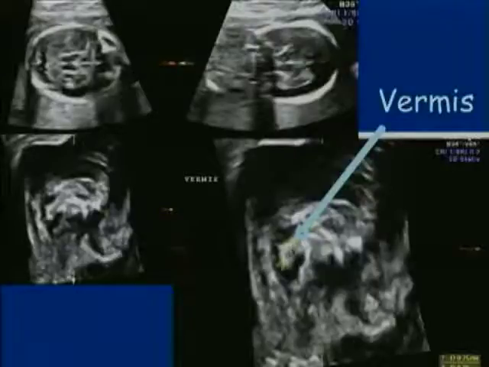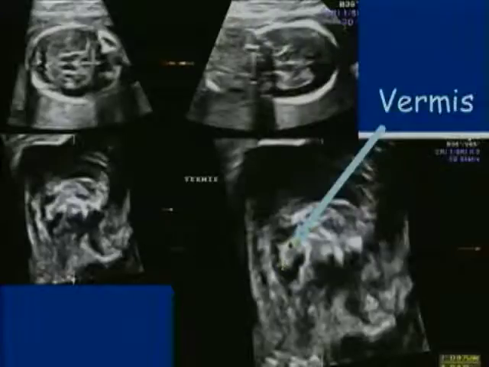And how do we do that? We line the head up so that it's symmetrical, so that we have the face on in a profile view and the spine coming down so it's all intuitive. And then we know where the vermis is because we can look at it in our other planes and decide where the upper portion is and the lower portion.